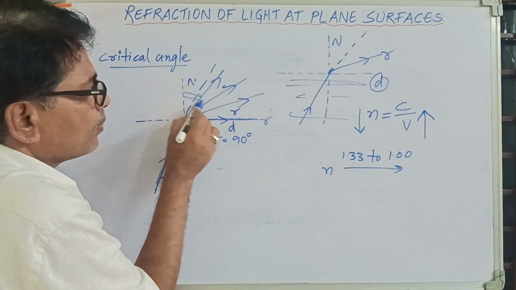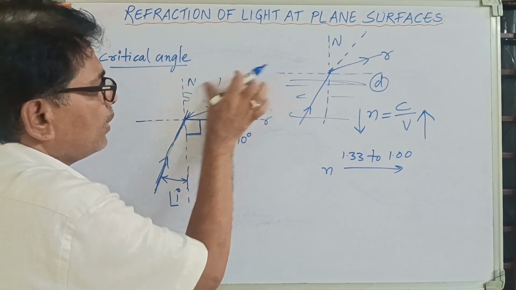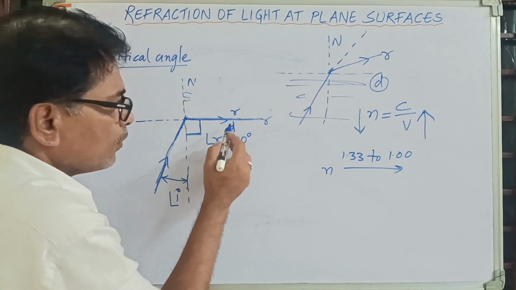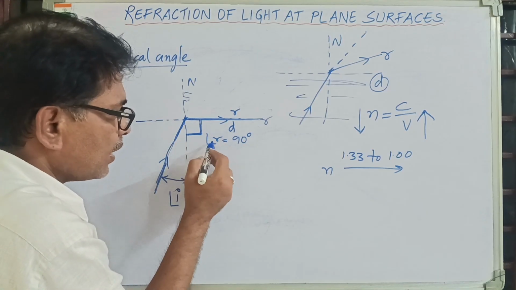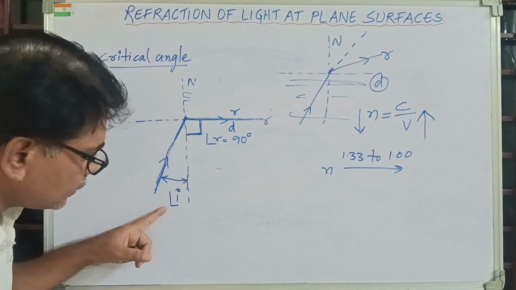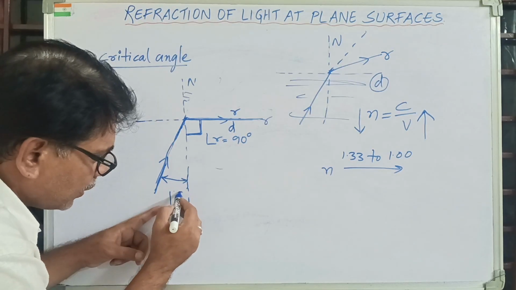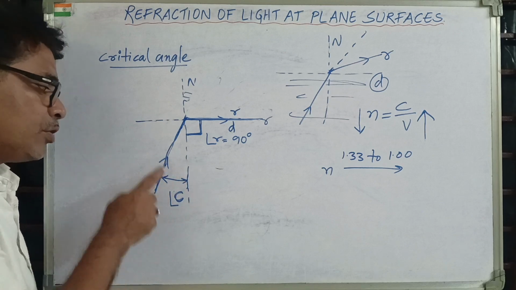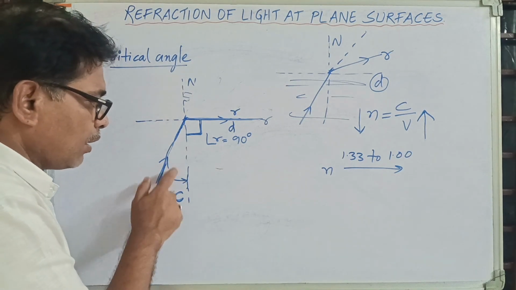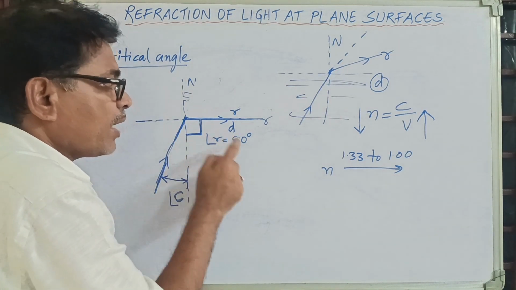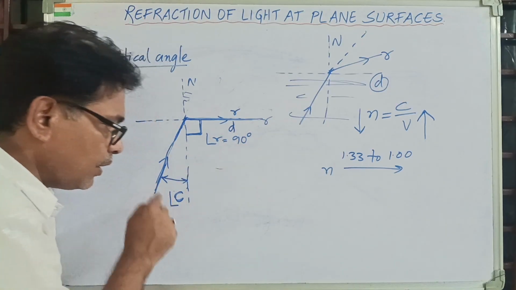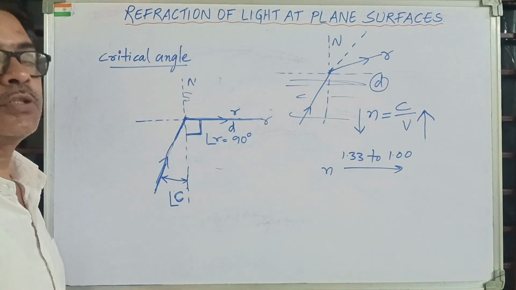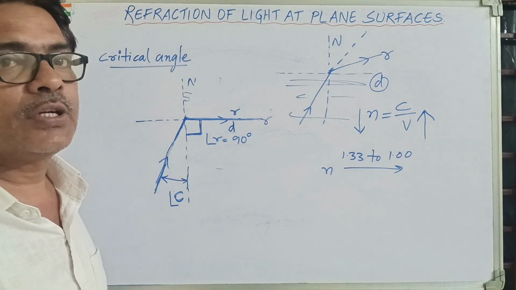It will move away from the normal. So you are trying to make the ray travel along the interface. If you are getting it, then the angle of refraction is 90, and this angle of incidence is called the critical angle. That is what you mean by critical angle. Okay.